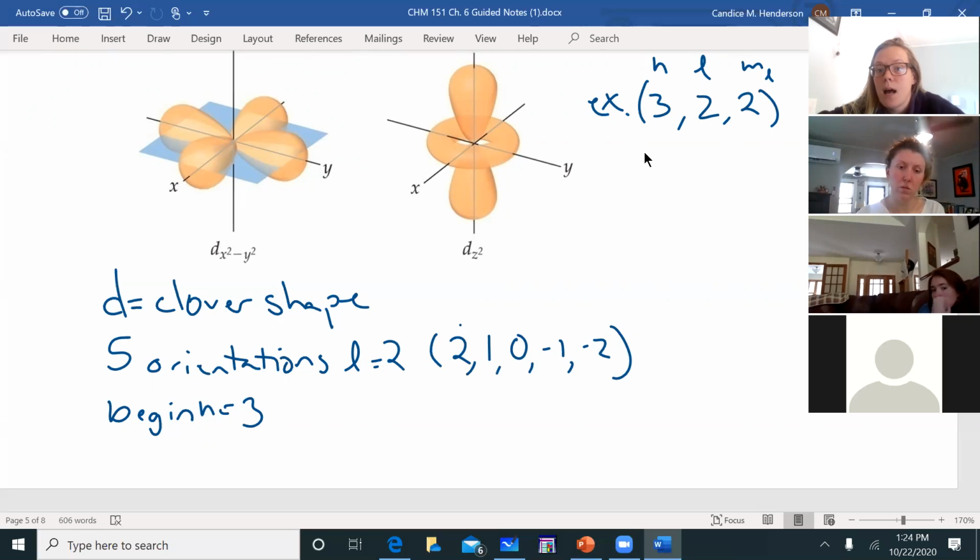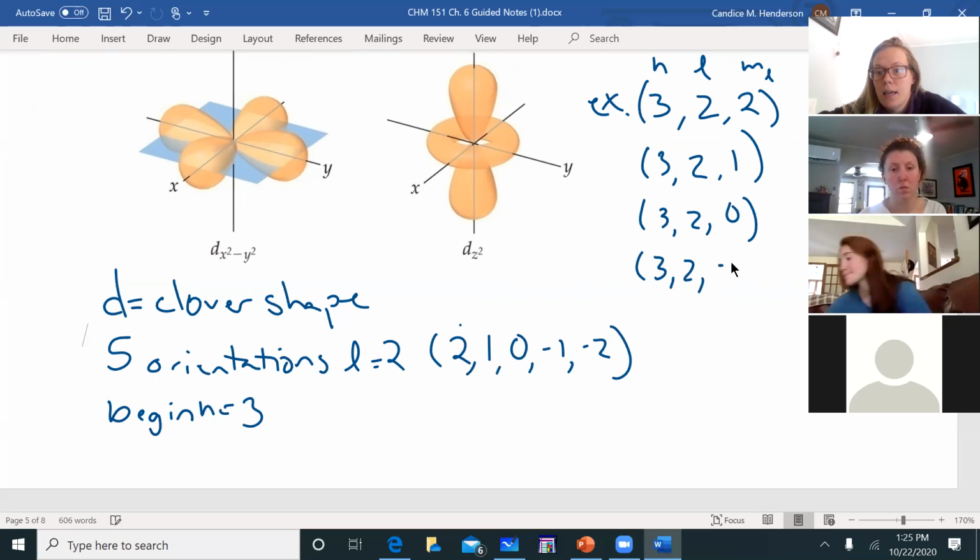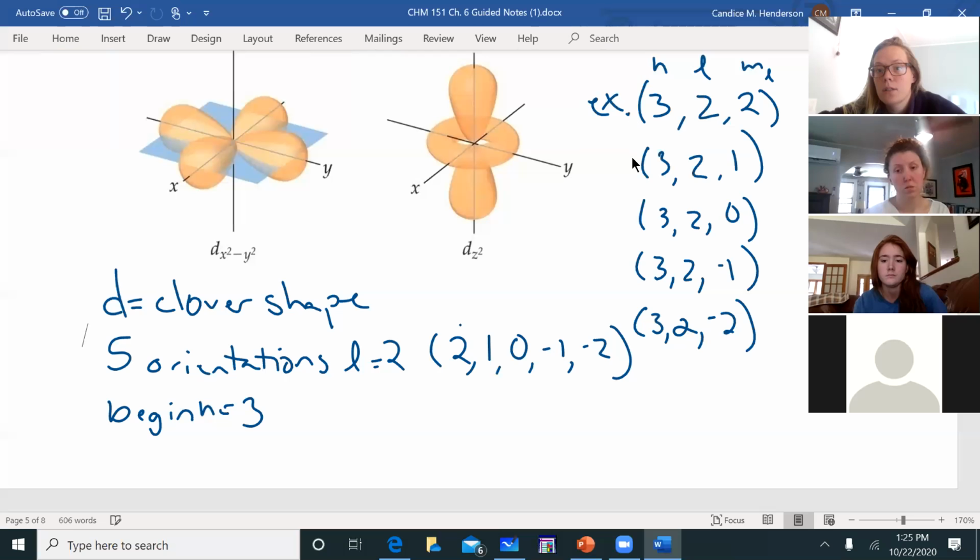What's another possible option? 3, 2, 1, we just changed that last number. 3, 2, 0, 3, 2, -1, and 3, 2, -2. Okay, 1, 2, 3, 4, 5 different orientations.